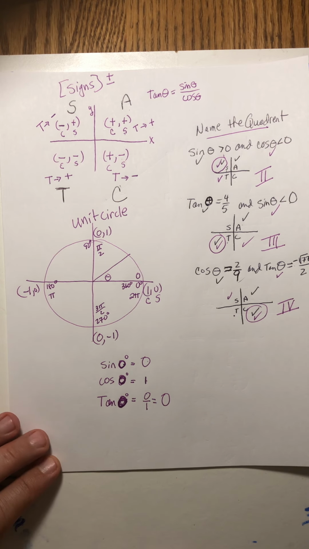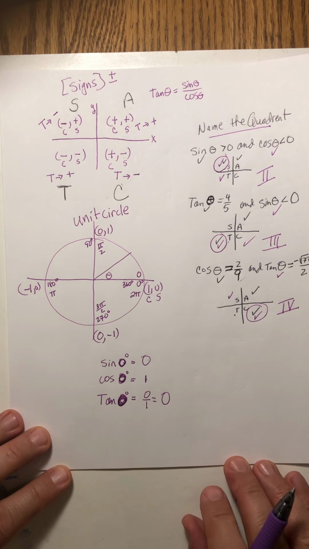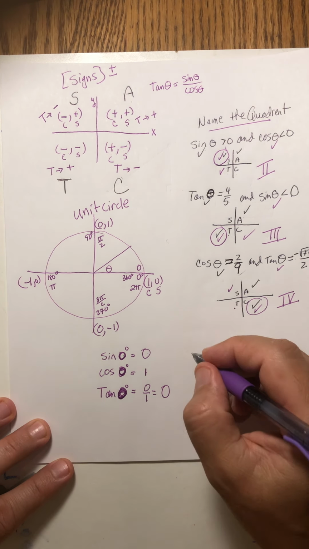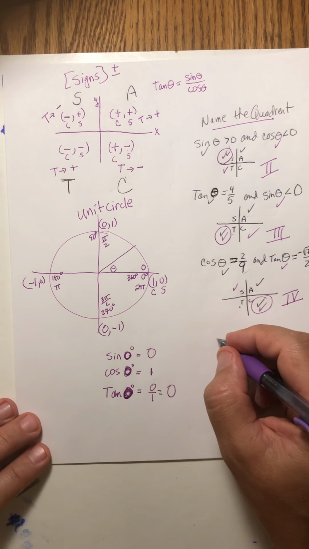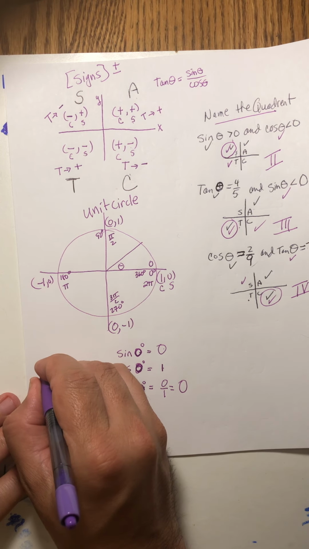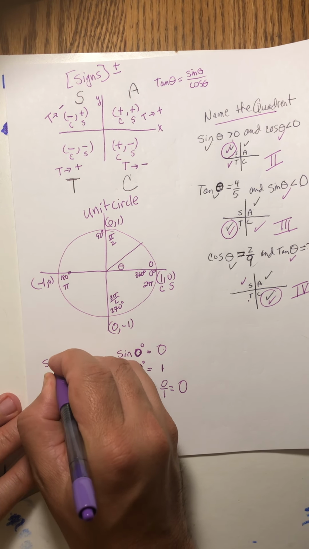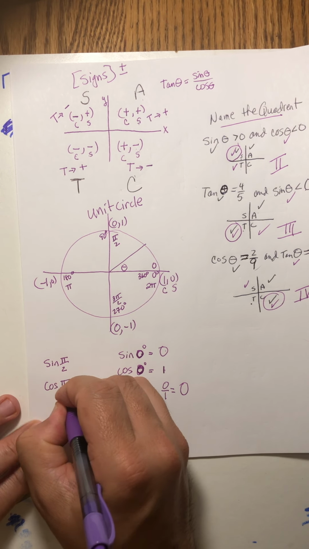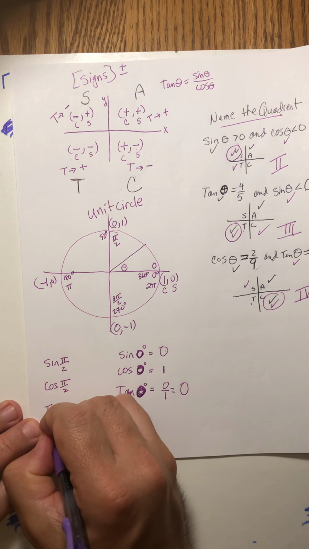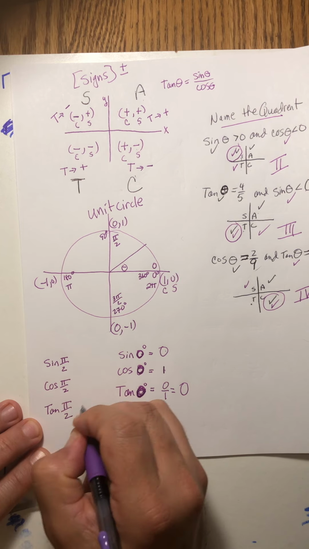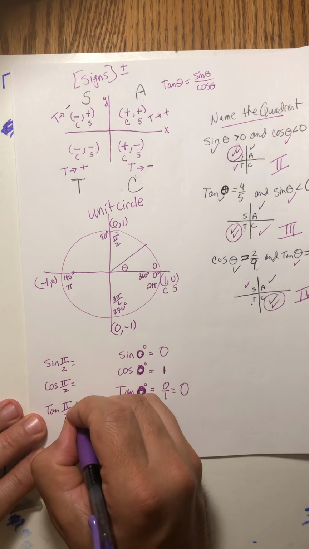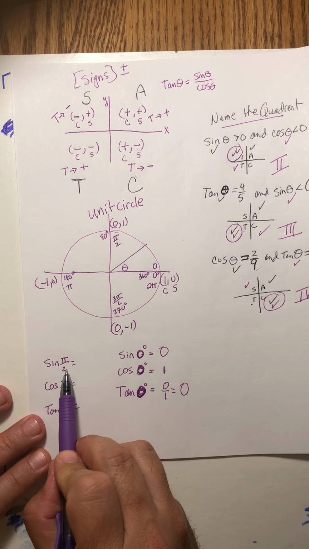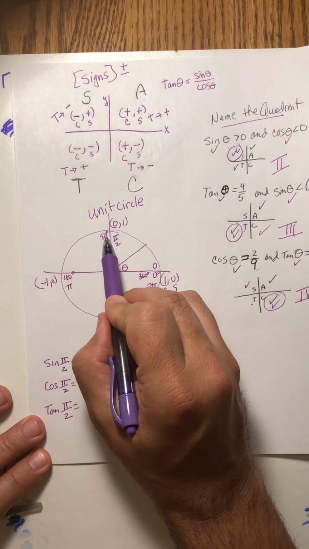Okay. And then last one, I'm going to do 90 degrees. Actually, I'm going to call it pi over 2. The sine of pi over 2, the cosine of pi over 2, and then the tangent of pi over 2. Remember, pi over 2 is 90 degrees.